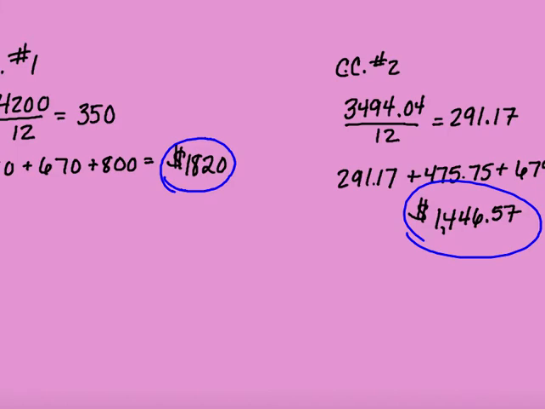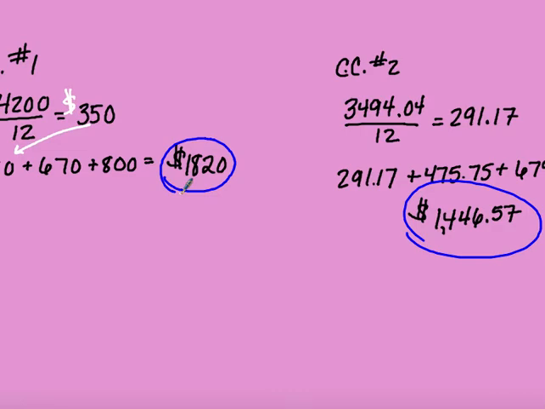So for number 1, that concept check should give us $350 for that monthly expenditures for the annual expenses. So we're going to add that to, I know this is getting cut off a little bit, the $670 and the $800 for a total of $1,820 for number 1.